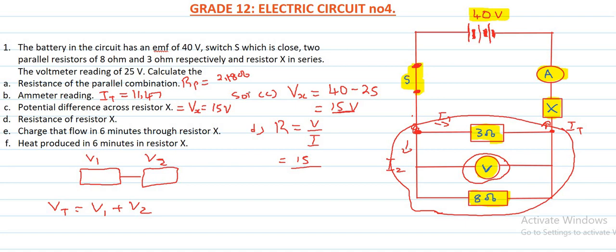The value of the current was the same current, which was 11,47. This will be 15 divided by 11,47. We got 1,31 ohm. Therefore, the resistance of resistor X, Rx, will be 1,31 ohm.